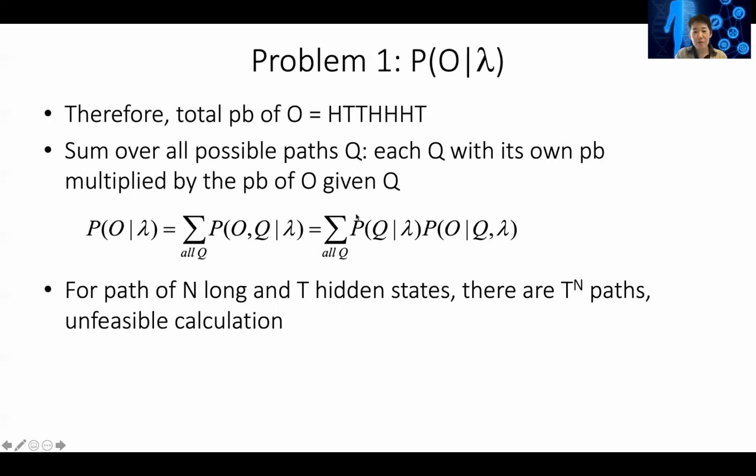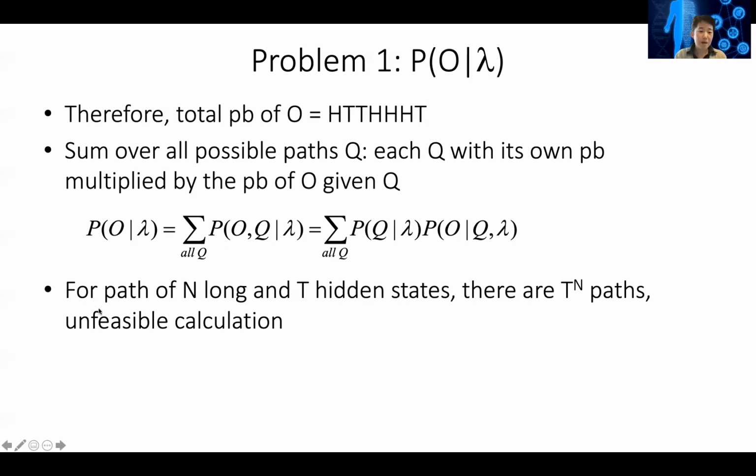So you can see it written as this: this is the probability of a particular path given the hidden Markov model parameter. And with that particular path, what is the probability that this path will give out this particular coin flip? But you have to sum over all the possible paths, right?